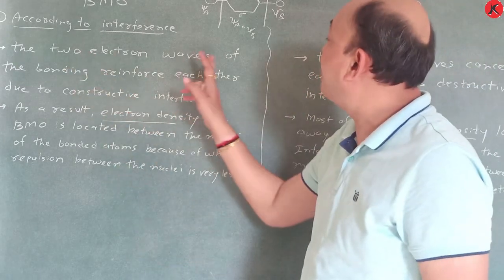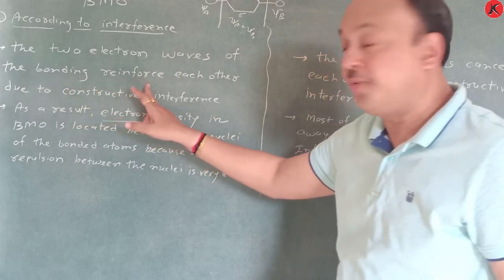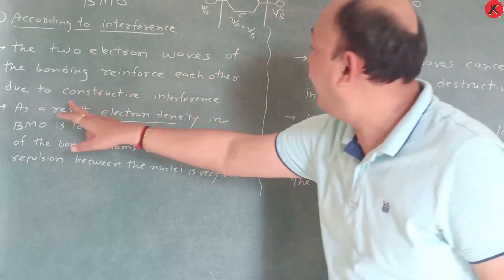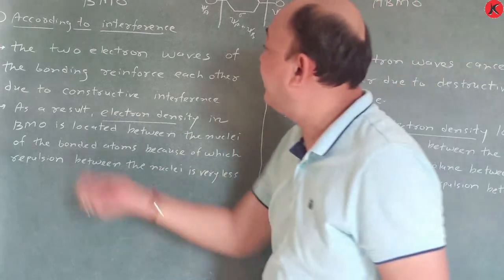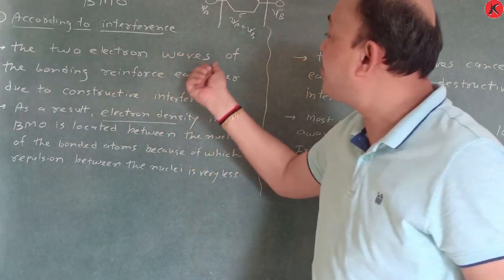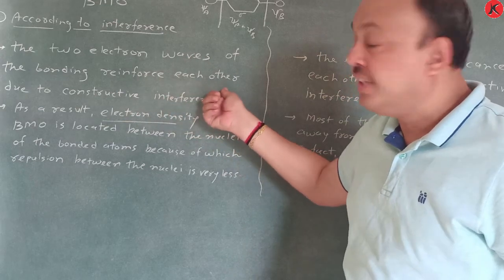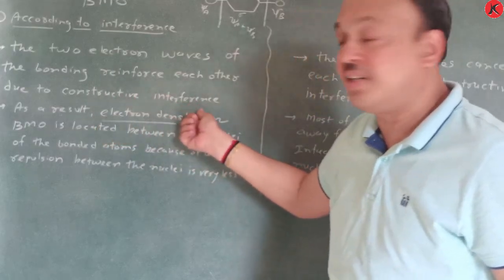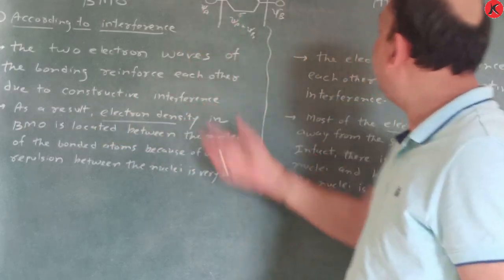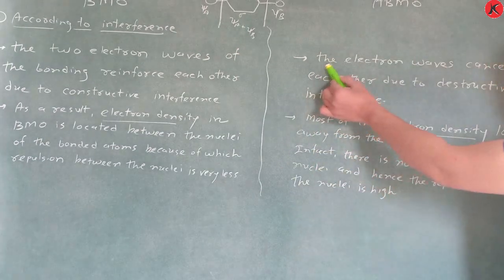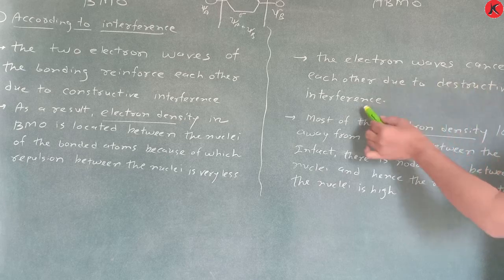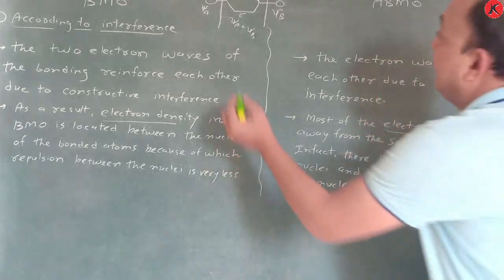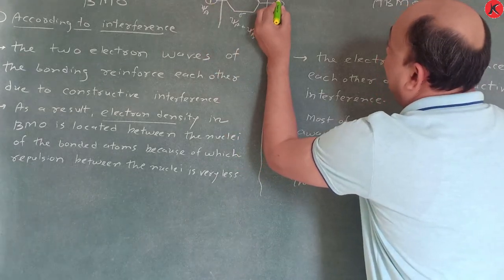The two electron waves of the bonding orbital reinforce each other due to constructive interference, and attraction occurs. But in the ABMO, you see the electron waves cancel each other due to destructive interference. Here repulsion takes place. Here one electron is there, here one electron is there.